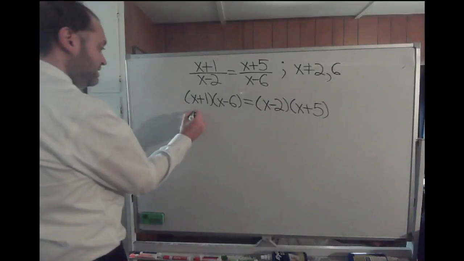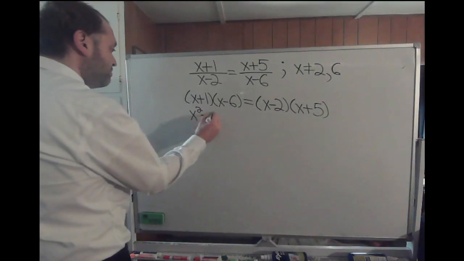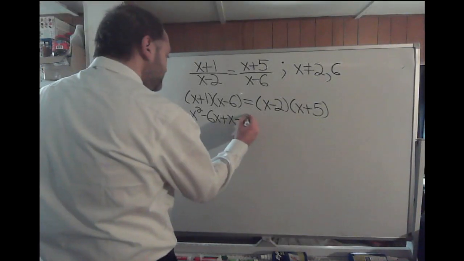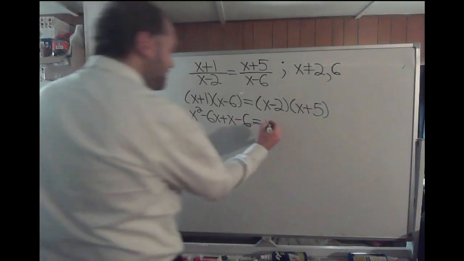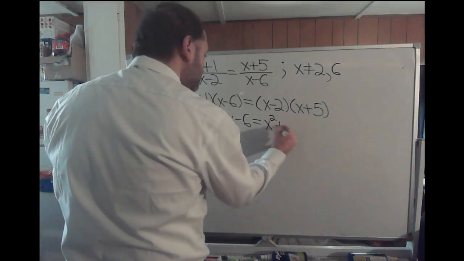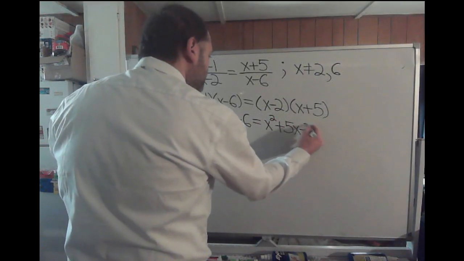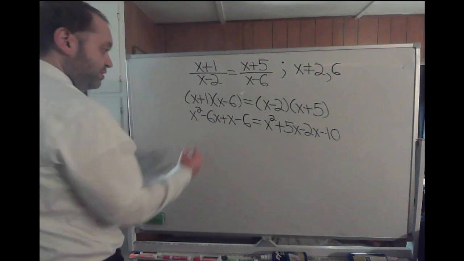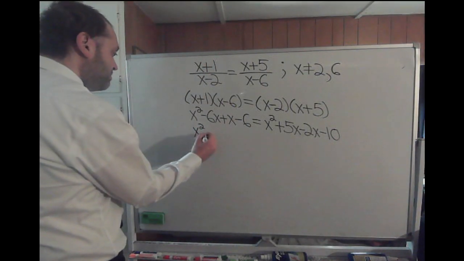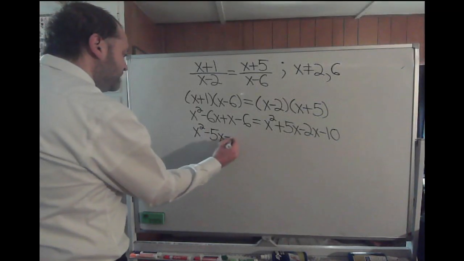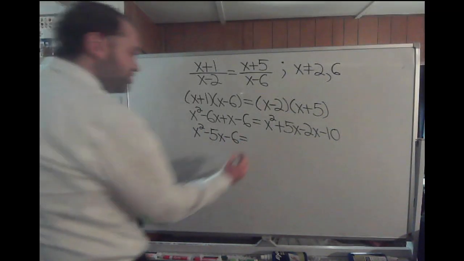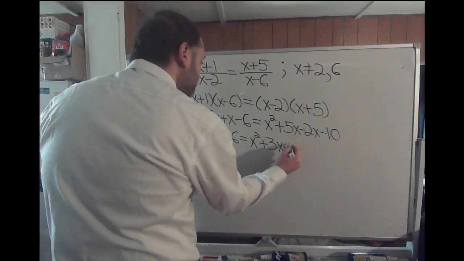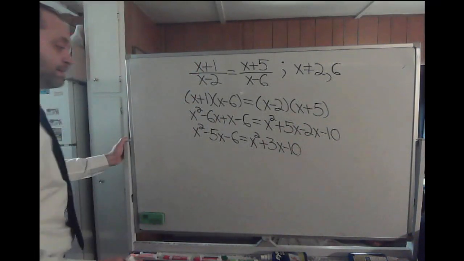We do the foiling on the left side, you'll get x squared minus 6x plus x minus 6 is equal to, on the right side, x squared plus 5x minus 2x minus 10. Simplify both sides, you'll get x squared minus 5x minus 6 on the left side is equal to x squared plus 3x minus 10 on the right.